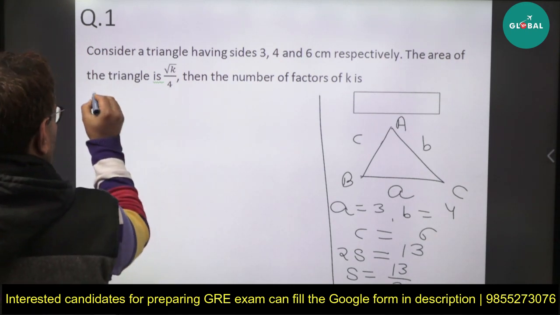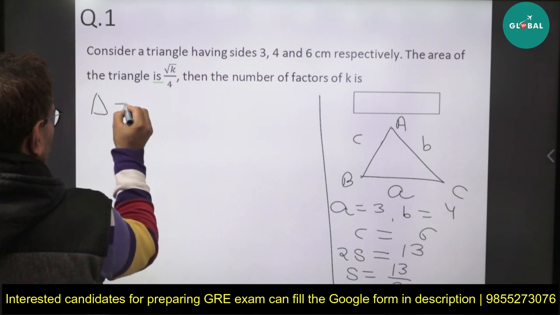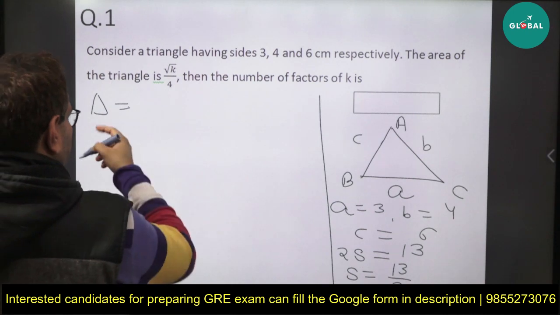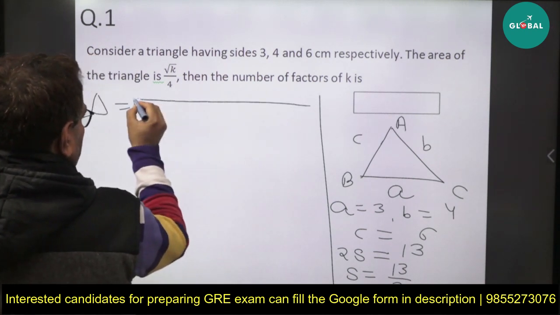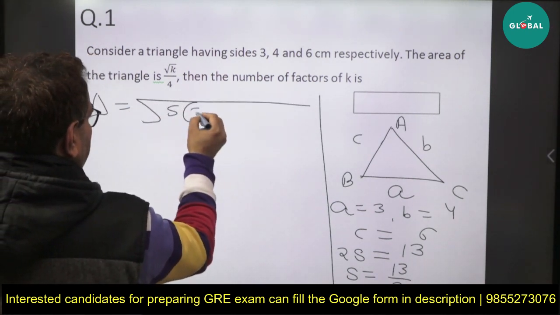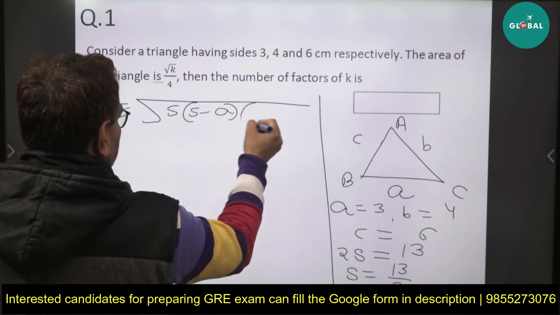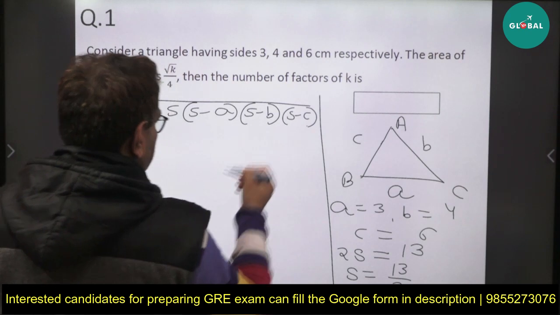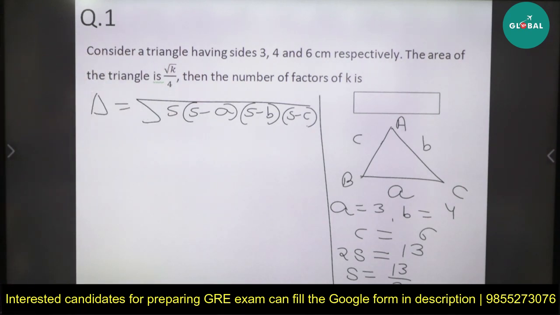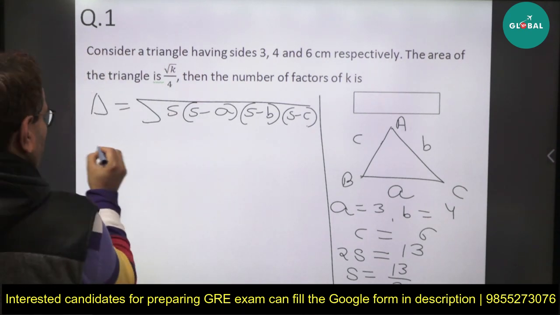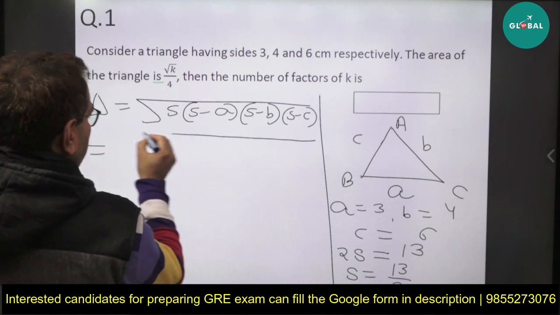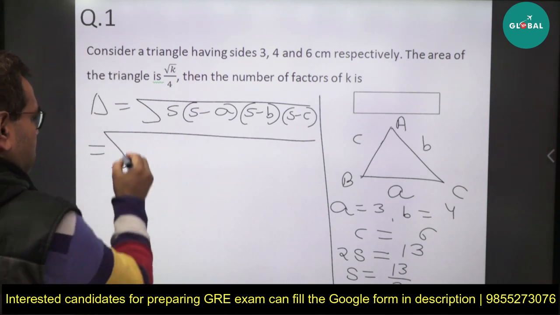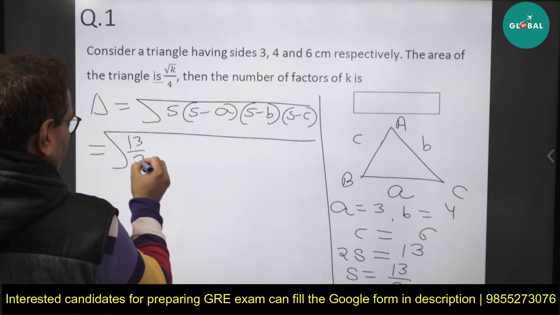Now we all know Heron's formula, a very common formula. The area of the triangle is given by the square root of s multiplied by s minus a, multiplied by s minus b, multiplied by s minus c. So this is equal to the square root of s, which is 13 upon 2.